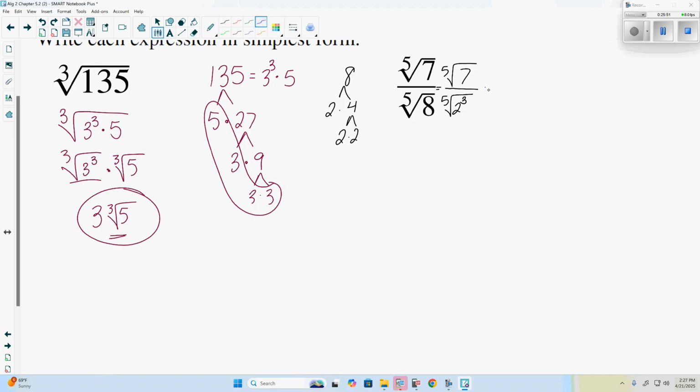Now, what would be nice is if we could somehow, normally it's going to be multiplication, multiply the denominator of this and get the fifth root of 2 to the fifth, or the fifth root of 2 to a power that is a multiple of 5. So 2 to the 5th, 2 to the 10th, 2 to the 15th. Something where I can get those groups of 5 2's out.